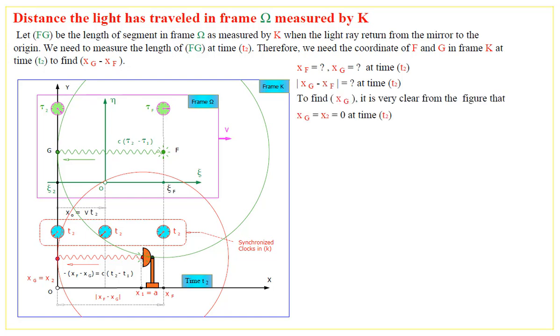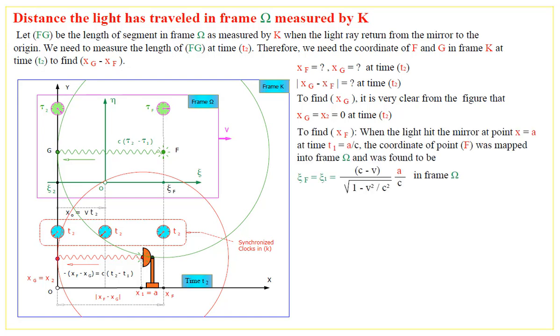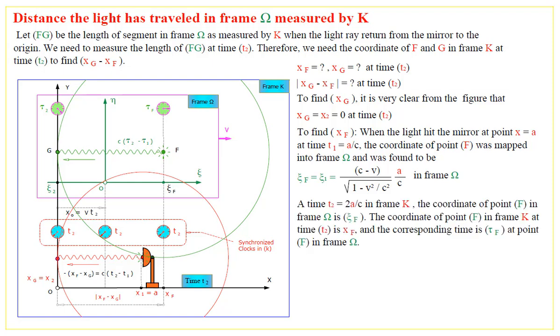To find xg, it is very clear from the figure that. To find xf, when the light hit the mirror at point x equals a at time t1 equals a over c, the coordinate of point f was mapped into frame omega and was found to be. At time t2 equals 2a over c in frame k, the coordinate of point f in frame omega is psi f.